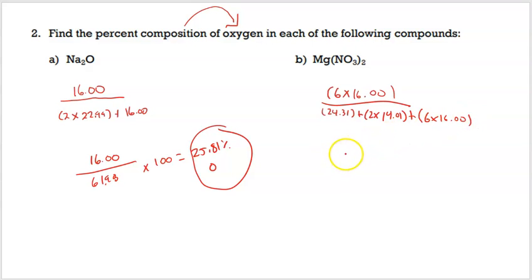And simplify the expression down to 96.00, with the top number divided by 148.33. And then times 100. And we should get, sorry, 64.72% oxygen.